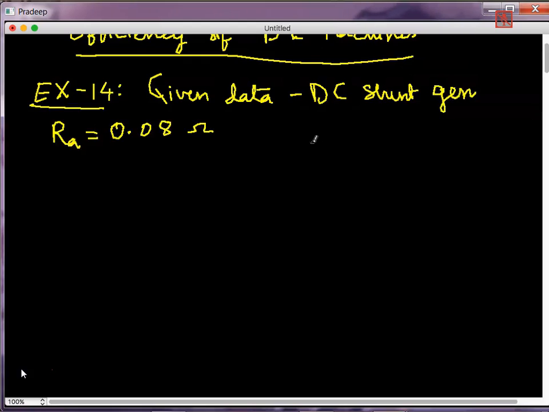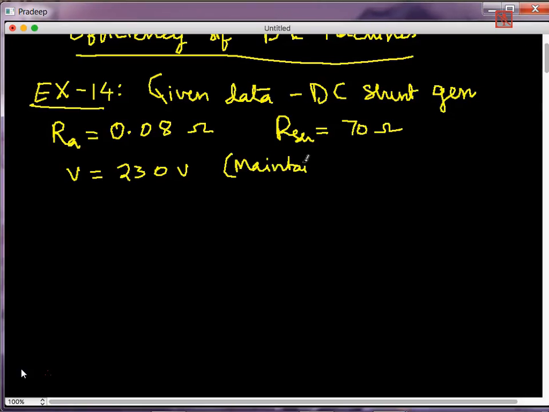That's what we calculated. And the shunt resistance is 70 ohms. Terminal voltage is 230 volts. This is maintained at 230 volts for all loads.